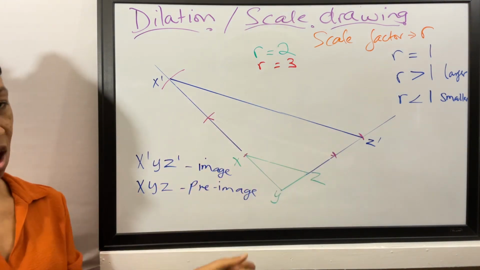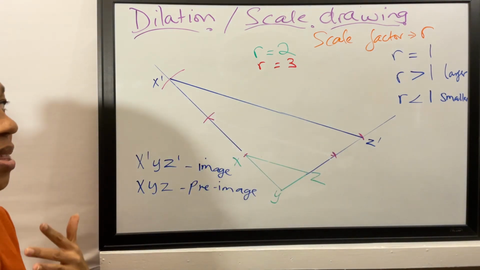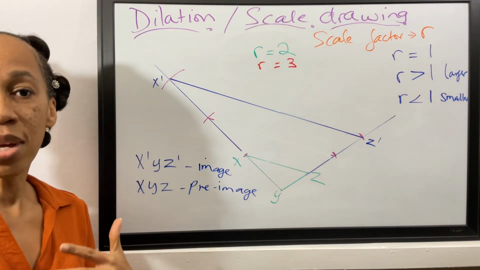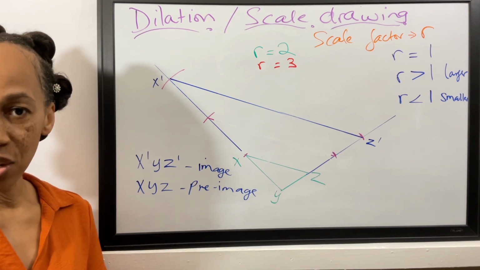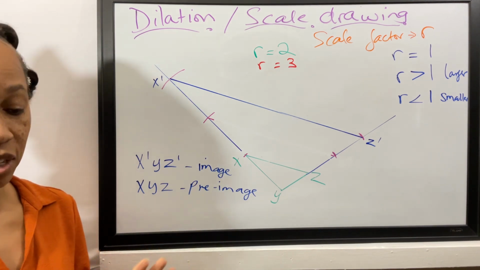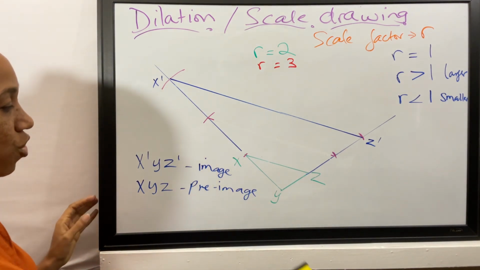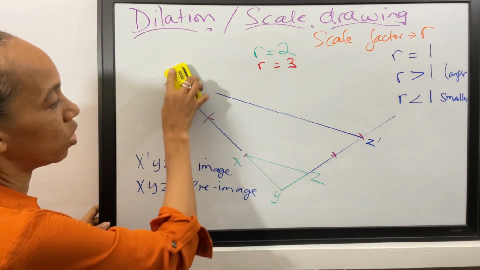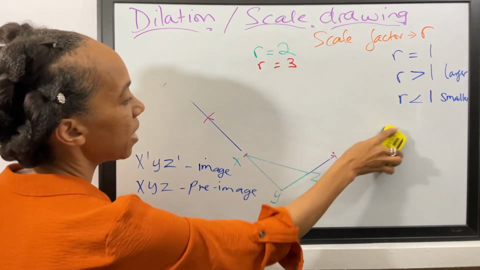The figure is now larger, but they might give you a center O and ask you to dilate that figure from the center O, either make it larger or make it smaller. So I'm going to demonstrate what happens if I'm given a center O. I'm going to get rid of this.